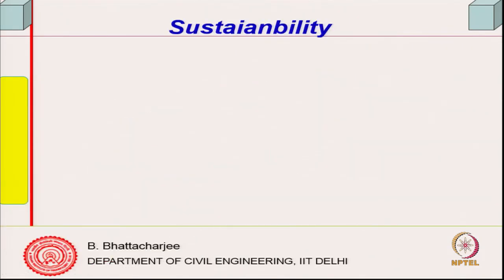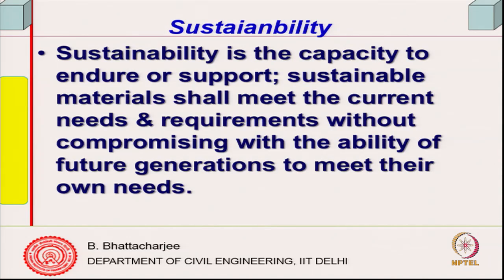So we can define now sustainability. It is the capacity to endure or support, that is how it has been defined. Capacity to endure or support such that sustainable materials shall meet the current needs and requirements without compromising the ability of future generations to meet their own needs.